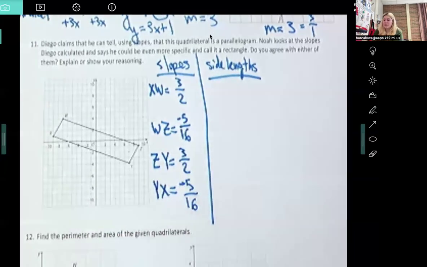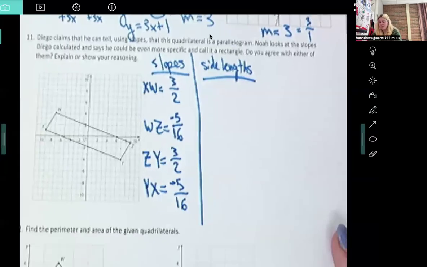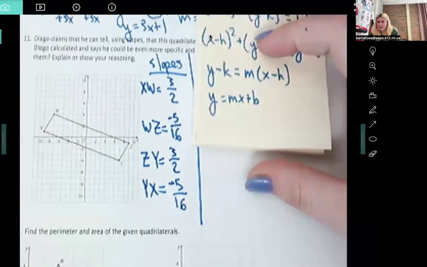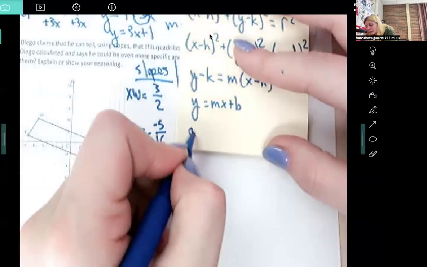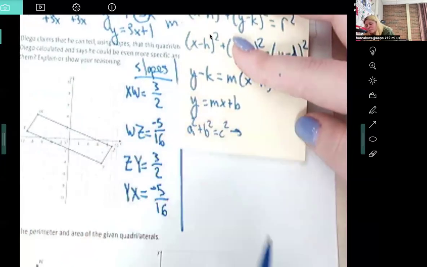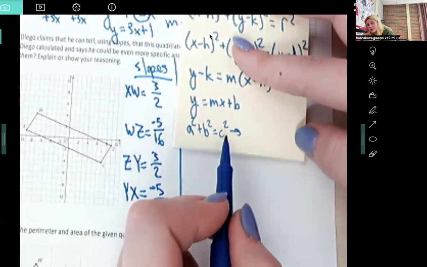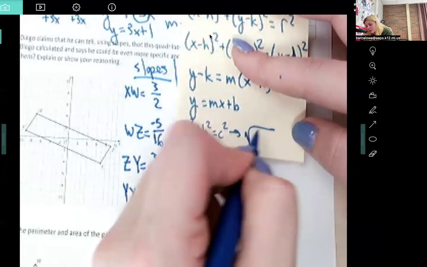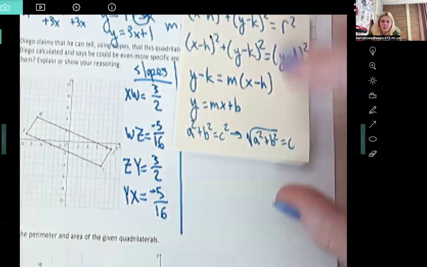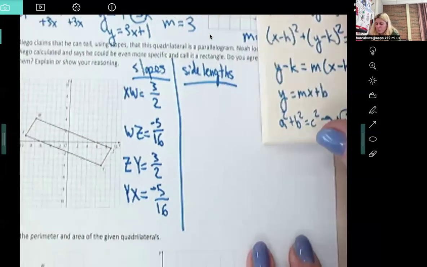All right, now I need my side lengths. So maybe I'll just write this on my sticky. A squared plus b squared equals c squared. If I'm trying to isolate c to just get that hypotenuse, you get square root of a squared plus b squared equals c. All right, so this is what we're going to be using right now.